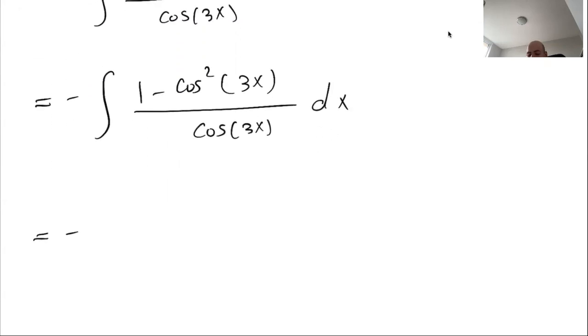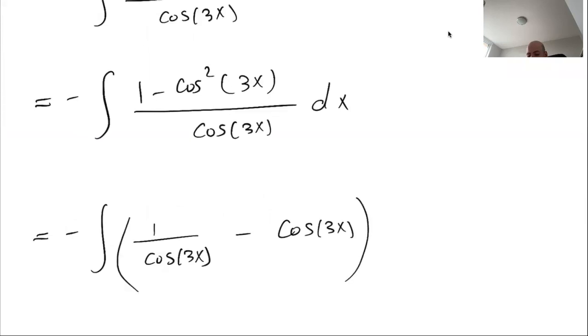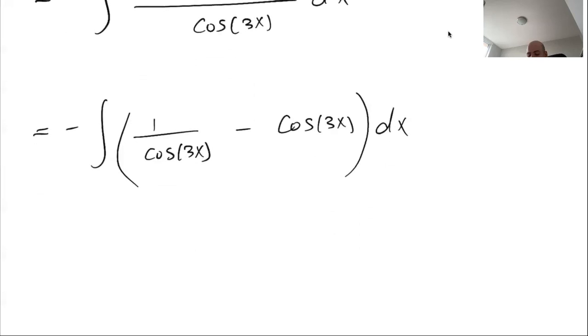Then this will be minus integral 1 over cos 3x minus cos 3x dx. Then this will be minus integral secant 3x minus cos 3x.